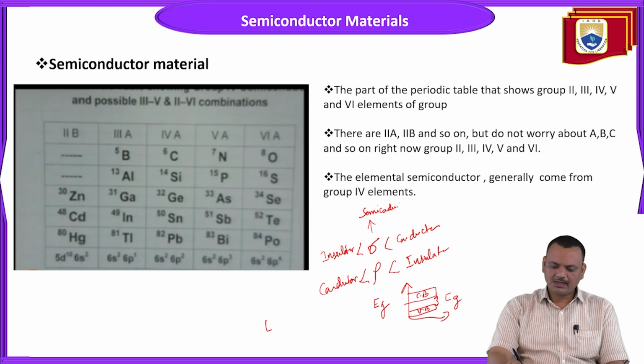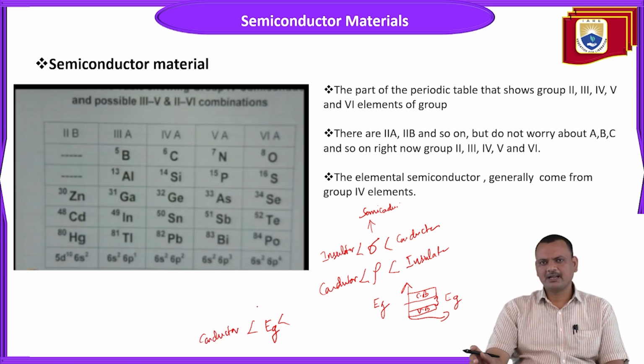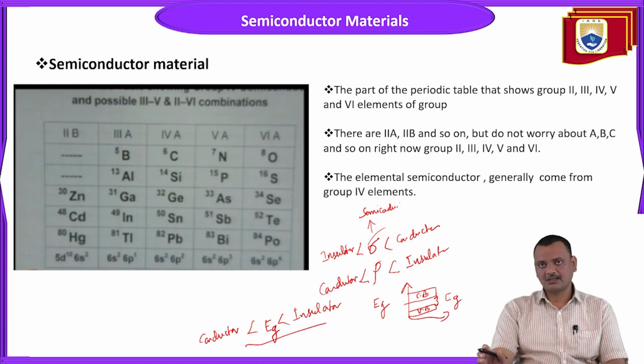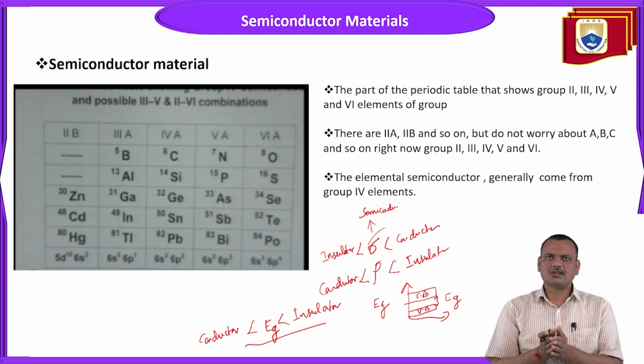A semiconducting material's energy band gap value is greater than a conductor, because a conductor has no band gap or a very small band gap, but less than an insulator. An insulator has a large band gap. So based on these three properties, conductivity, resistivity, or energy band gap, you can define semiconductors.